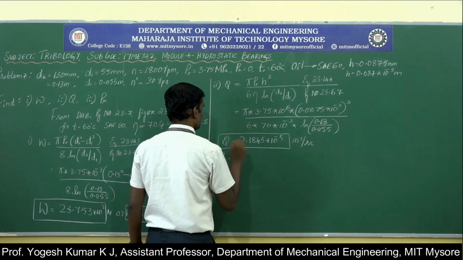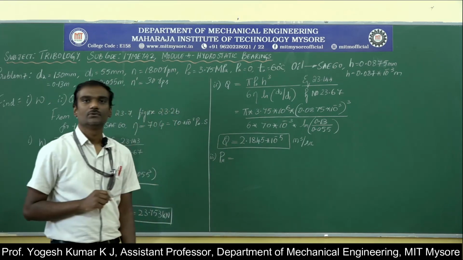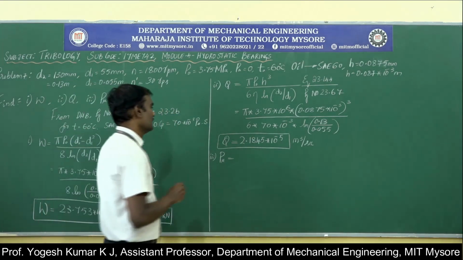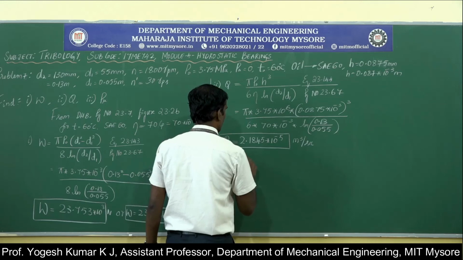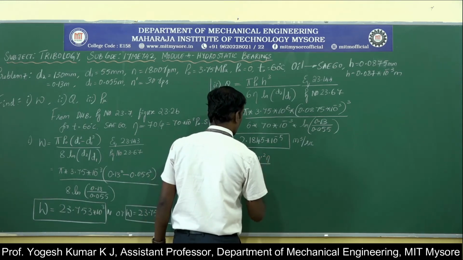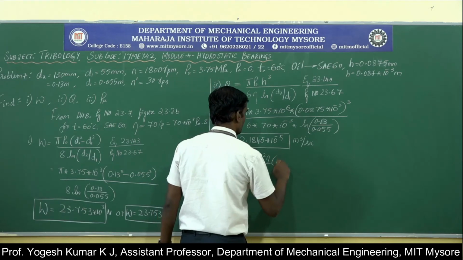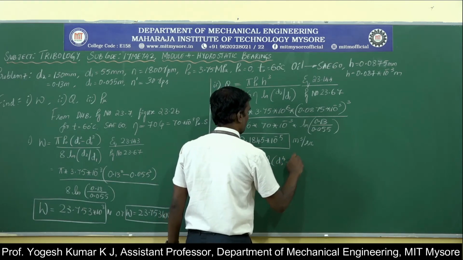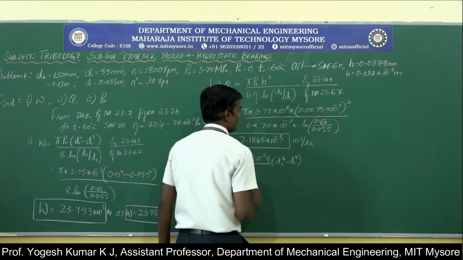The last sub question is power loss due to viscous friction. This we have as 0.062 n dash square eta divided by 16 h into d2 to the power of 4 minus d1 to the power of 4.